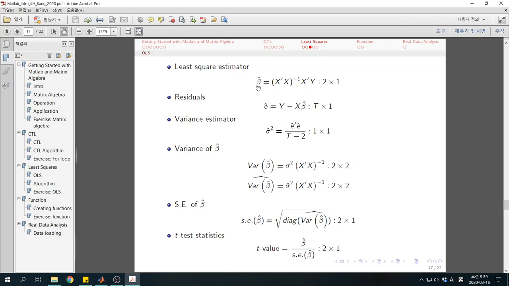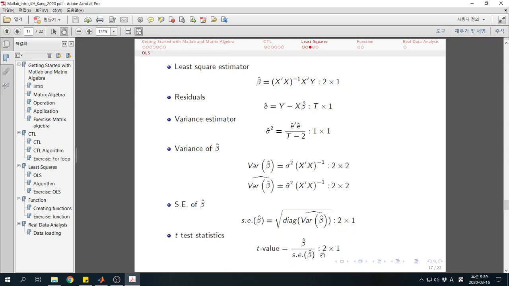So using this beta hat, we can compute these residuals. Using these residuals, we can compute this sigma squared hat. Using this sigma squared hat, we can get an estimate of the variance of beta hat: sigma squared hat times X prime X inverse, right? Using this variance of beta hat, we can compute the standard errors of the beta hat.